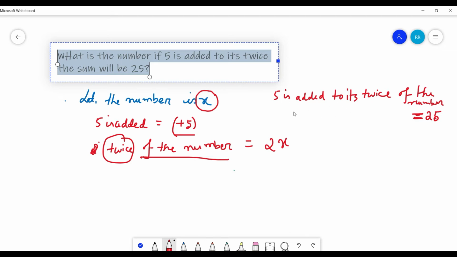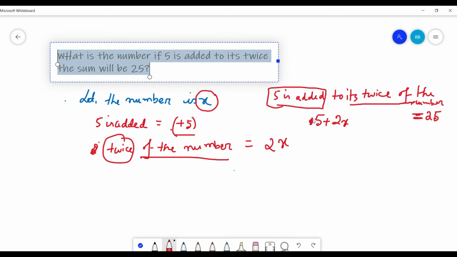So 5 is added can be replaced by plus 5. Twice of the number is 2x. So you can write it like plus 5 plus 2x, because the sum will be 25. So you have to add up all of them, plus 5 plus 2x.